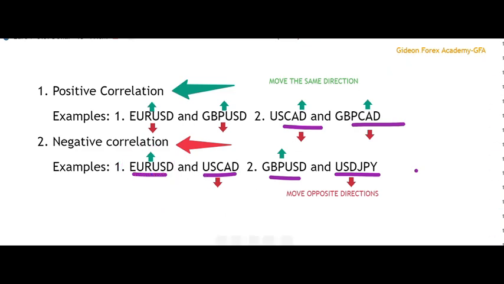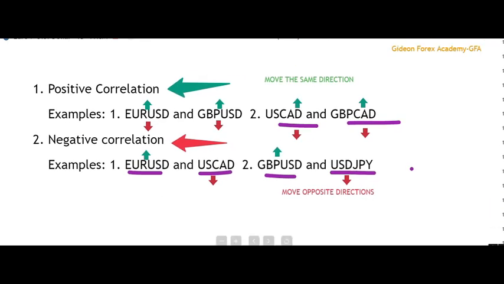What I mean is, don't buy GBP/USD and sell USD/JPY. If GBP/USD goes into a loss, even USD/JPY will be in a loss, because it will be moving up.